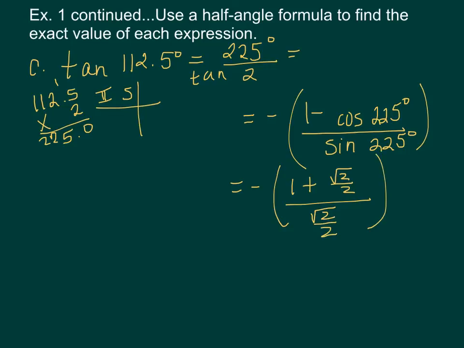Alright, so I'm going to do the same thing and multiply everything by 2. So that's gone, that's gone. So I'm left with negative 2 plus radical 2 over radical 2. And I'm just going to rationalize the denominator.